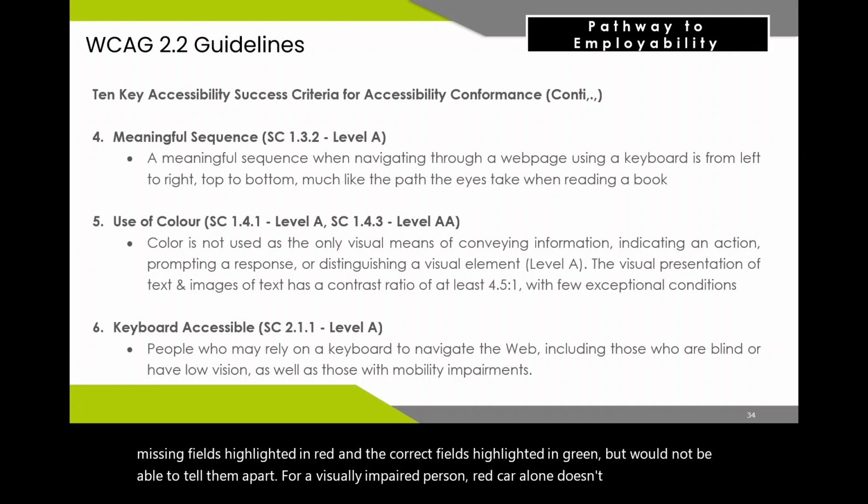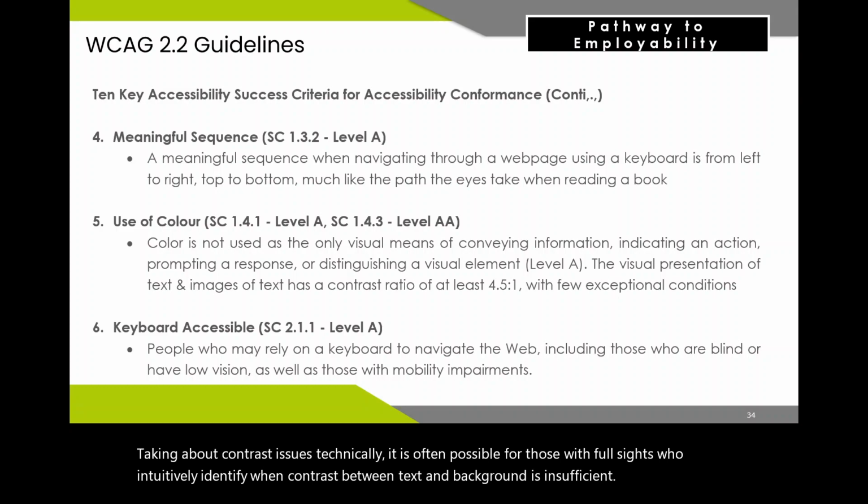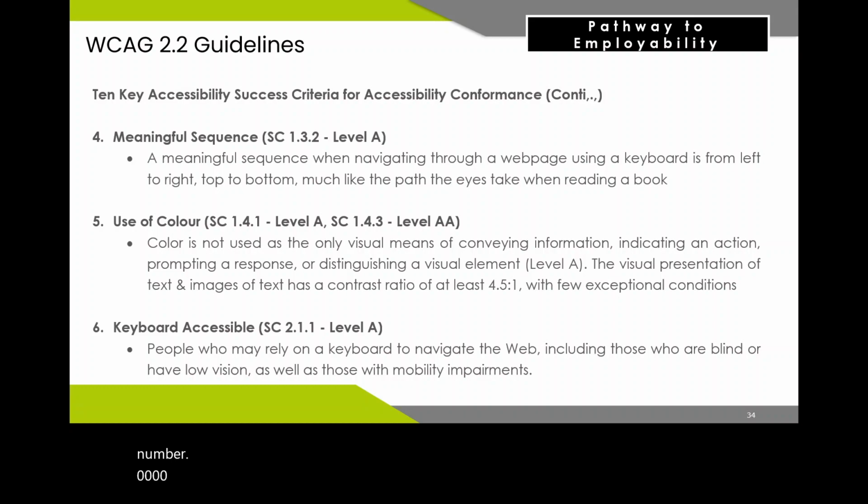Talking about contrast issues, technically, it is often possible for those with full sight to intuitively identify when contrast between text and background is insufficient. There are many tools available to measure color contrast that compare two color codes, e.g., #FFFFFF and #000000 for white and black. Where there appears to be insufficient contrast, the color codes for the text and background should be tested.